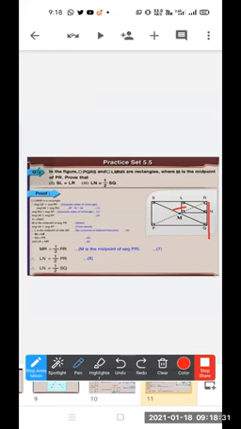So segment LM is parallel to RQ. But RQ is parallel to SP. Why? Because it is given that quadrilateral PQRS is also a rectangle. So this RQ is parallel to SP.